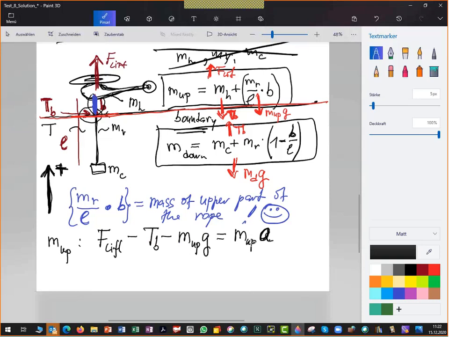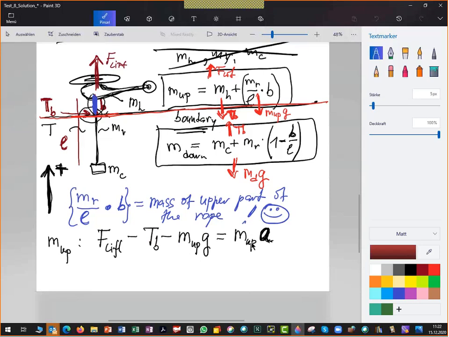If my helicopter is strong enough, I will find that my acceleration may be positive. But if it's not really strong or if it's descending, then I may find that A is negative. I don't know, but it doesn't matter.